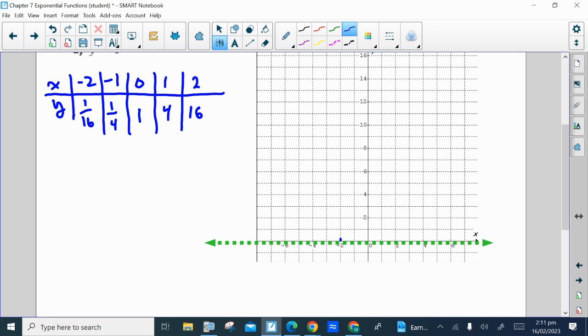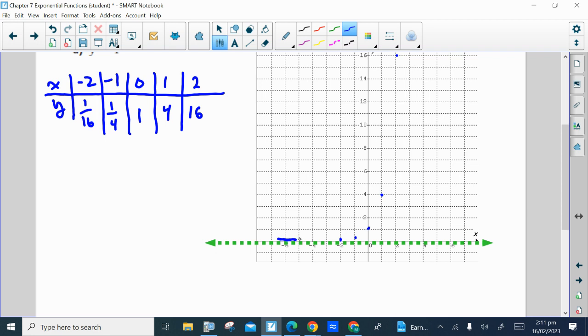We can plot some of these points. We have negative 2 comma 1/16, which is just above 0, negative 1 comma 1/4, which is a little bit bigger than 1/16. We have 0 comma 1, 1 comma 4, and 2 comma 16. Again, as we go to the left, the graph will approach the x-axis.